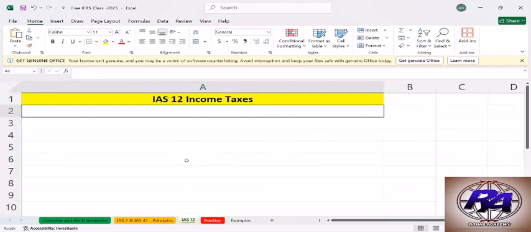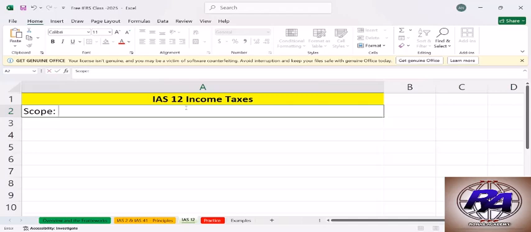All right. So like I've established, IAS 12 talks about two types of taxes. That's why we call it income taxes, not income tax. That means it's more than one tax that we are looking at over here. So we can look at the scope of the standard.